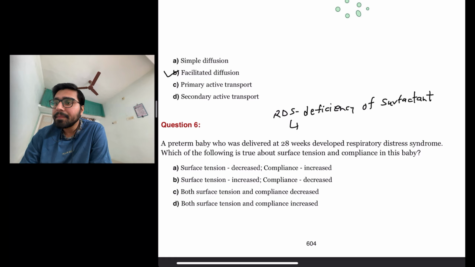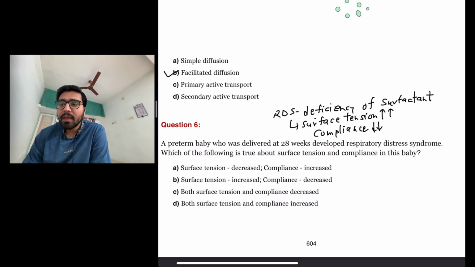Due to this, surface tension increases and compliance decreases. Okay, so surface tension is increased and compliance is decreased. Option B is the right answer.